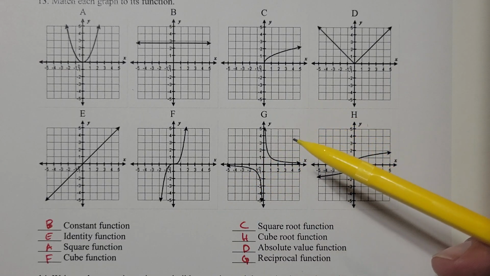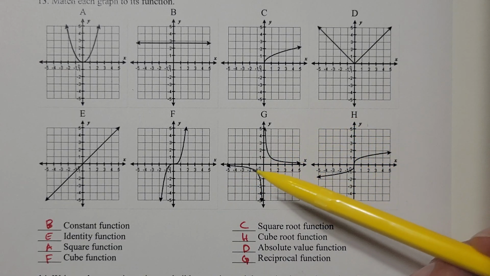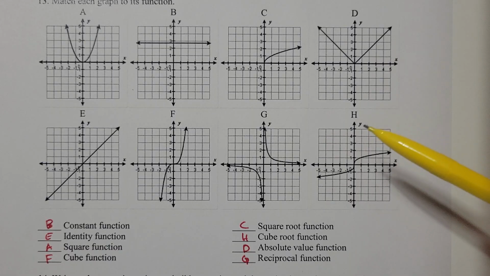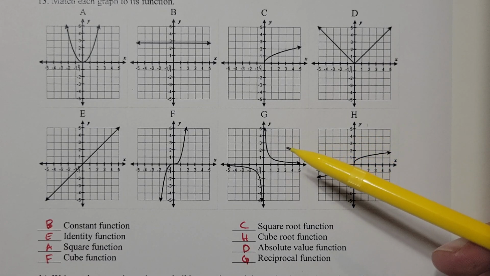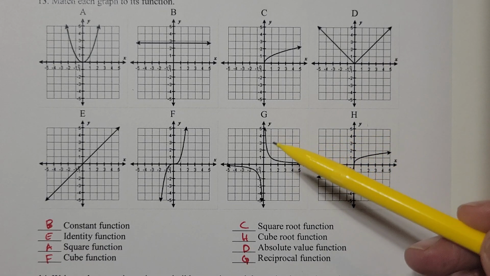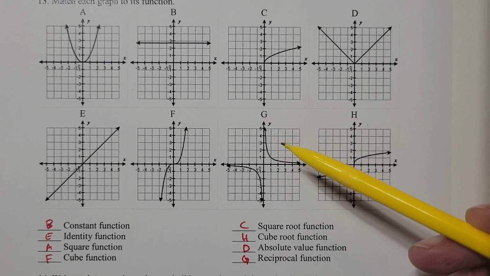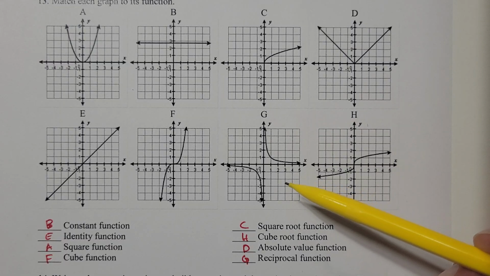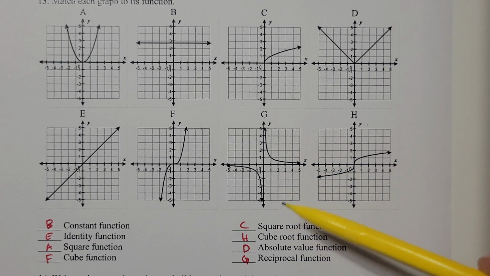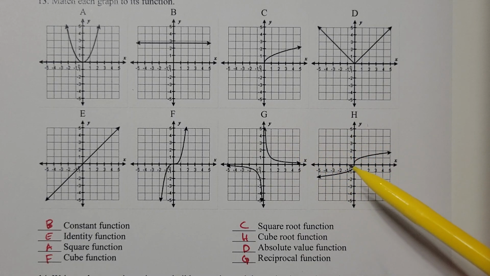And then the reciprocal function, we're going to do some things with that in chapter 4. The reciprocal function is given by this graph. Okay, the curve is going to approach the x and y axes, although it's never going to get there. Okay, so it's going to get closer and closer to those axes, but it's never going to touch it.